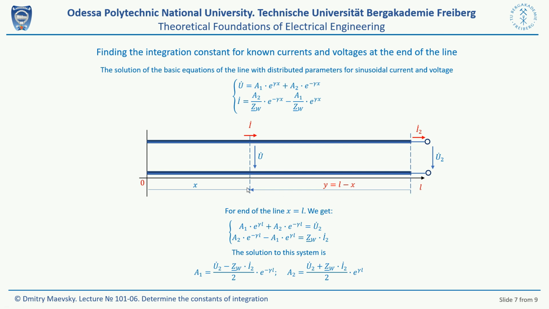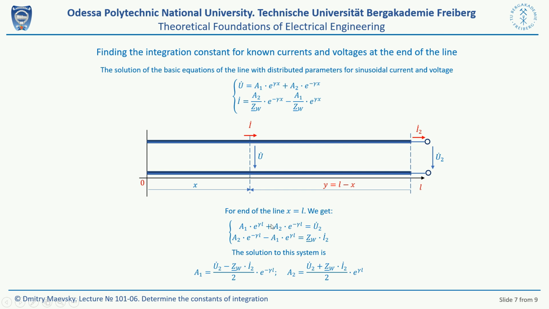Let's denote the value of L minus x as y. Note also that the end of the line with voltage U2 and current I2 corresponds to the point x equal to L.